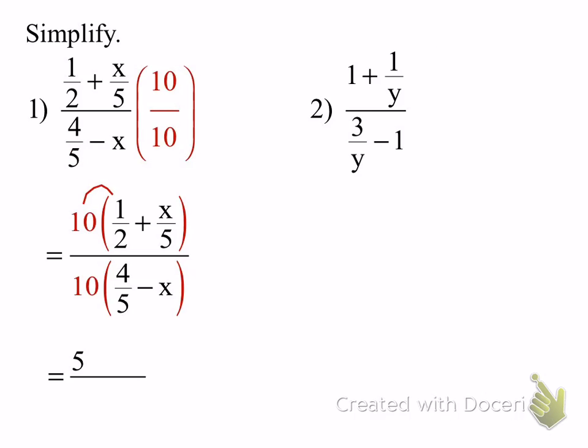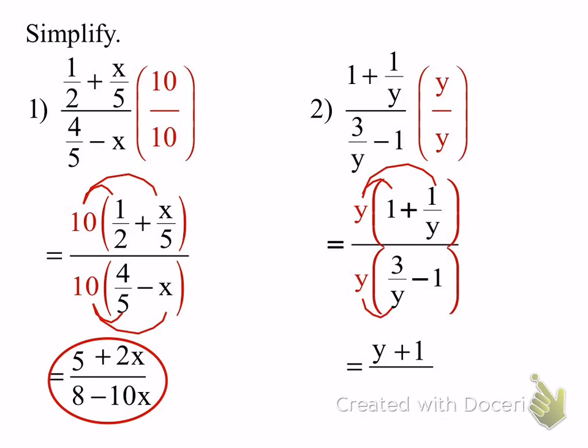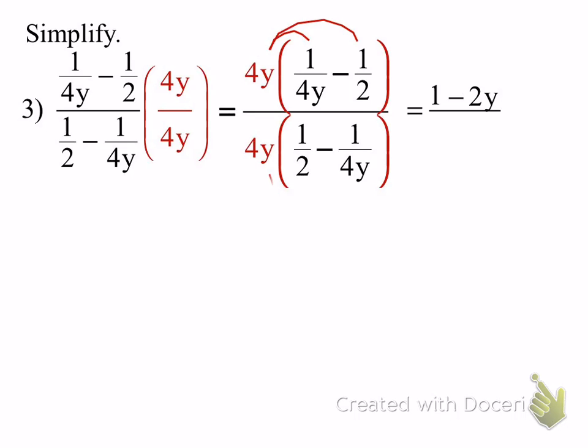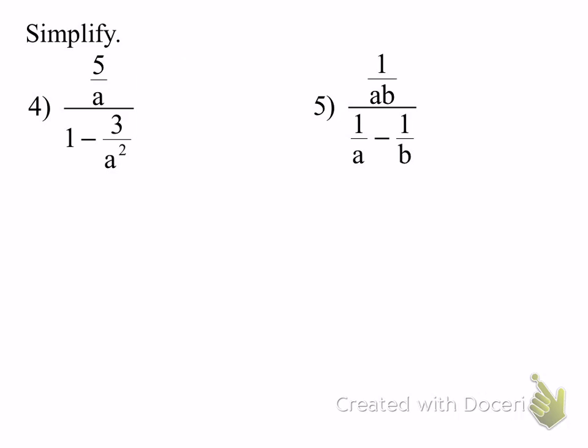Okay, so let's try one that's a little bit more complex. Let's just look at this next one together before we move on. Okay, so what's our least common denominator here? Eric? A squared. So I'm multiplying everything by a squared.